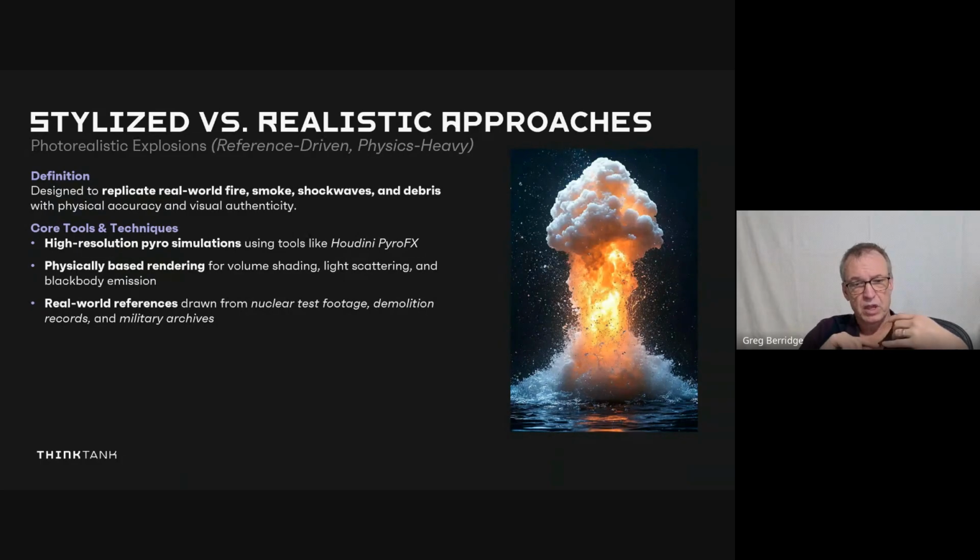In general, we lean really, really strongly into real world reference. Even with stylization, we still require that foundation in reality because that's what the audience requires. Real world references are drawn from nuclear test footage, demolition records, military archives.